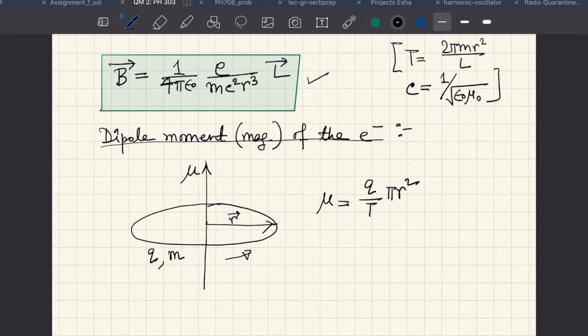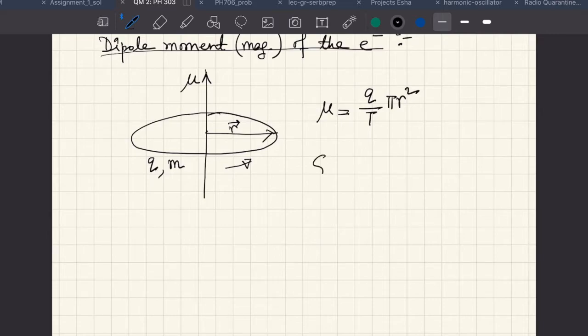Now if the mass of the ring is small m, which I already have said, its angular momentum is the moment of inertia times the angular velocity, right? So you simply write this as S equal to 2 pi by T into m r square.